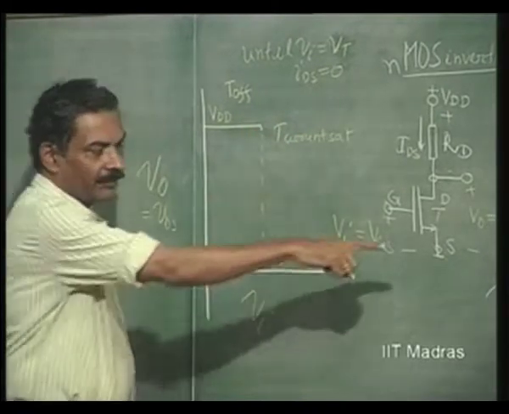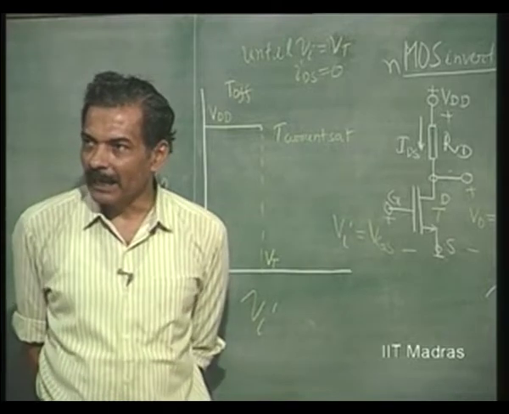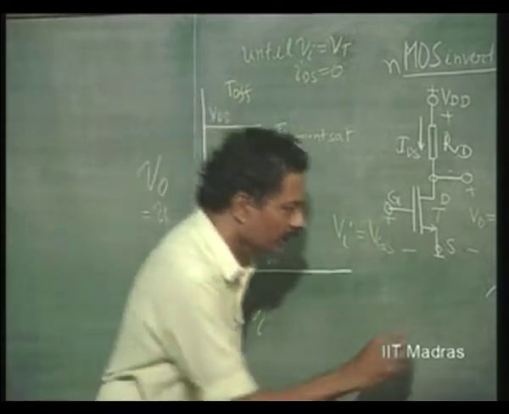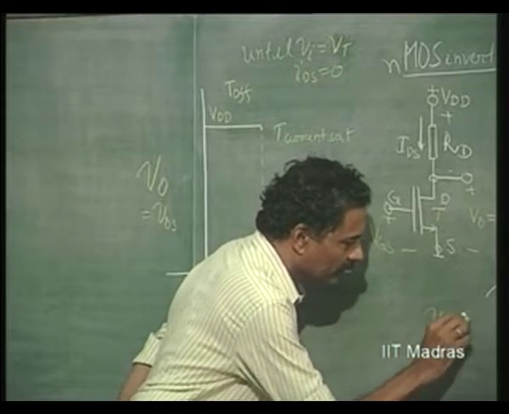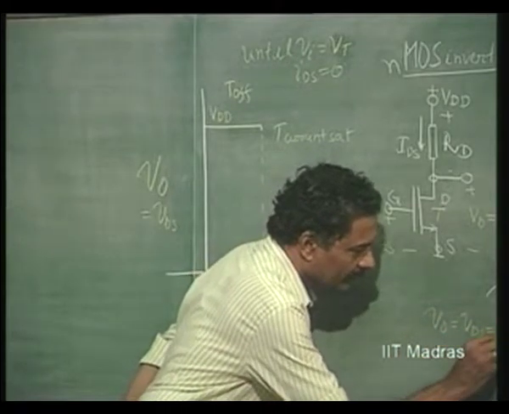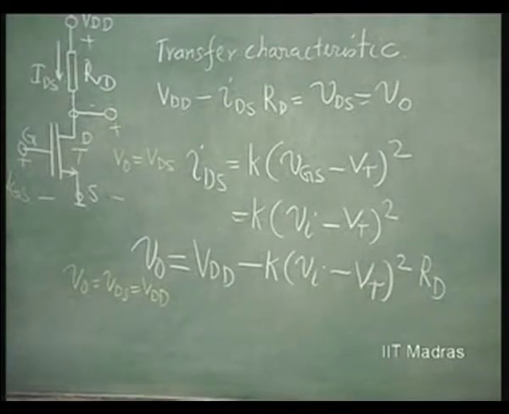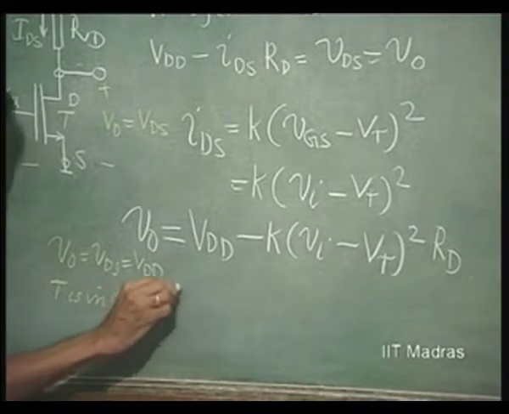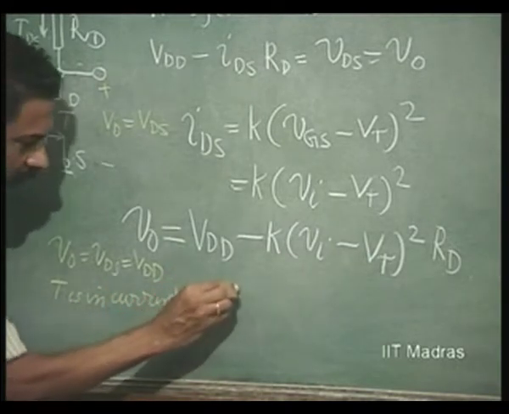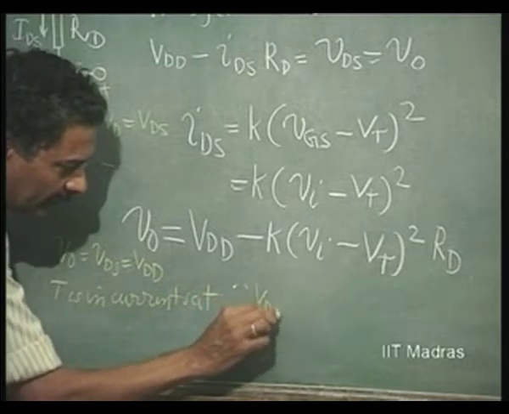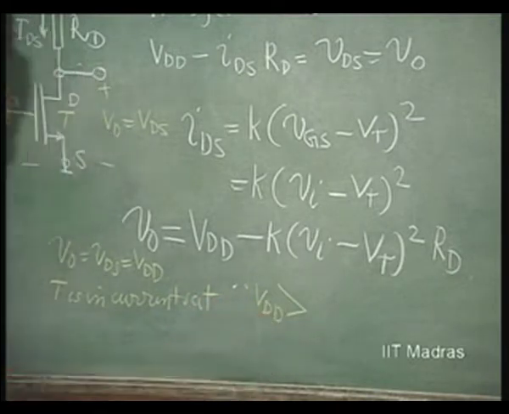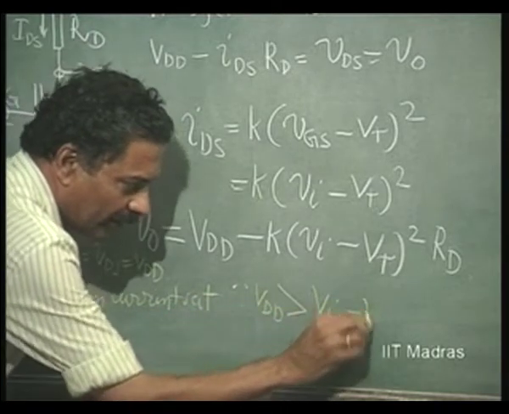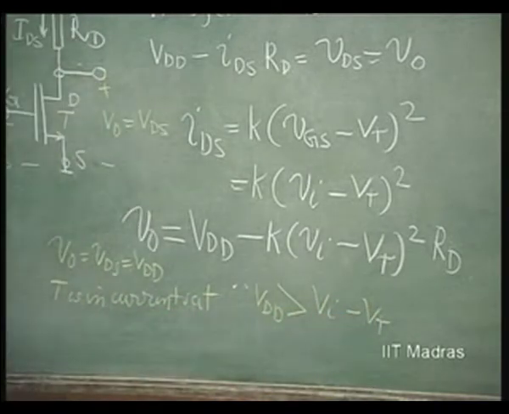That means the equation that I have used is straight away valid. Why? Because V naught is equal to Vds is equal to Vdd, and therefore T is in current saturation region, because VDD is greater than Vi minus Vt. That is the assumption.